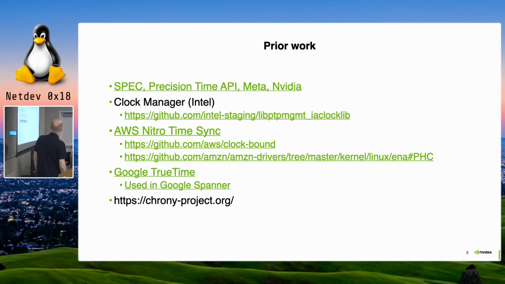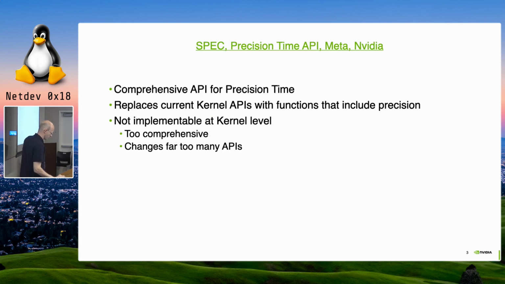There is a comprehensive spec about the precision time API created by Meta and NVIDIA, and it's opened as a standard on the OCP, but it's a very comprehensive API for precision time that replaces a lot of regular calls with special calls that give you the information about the uncertainty.